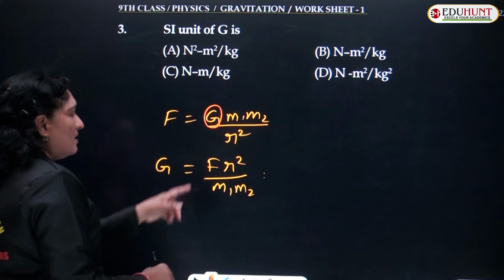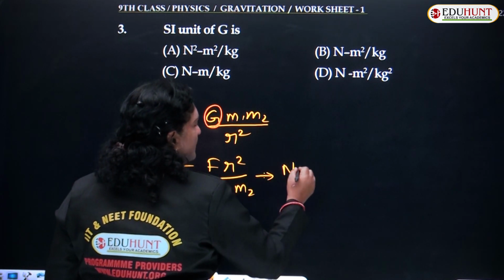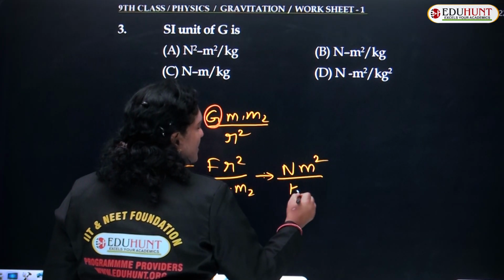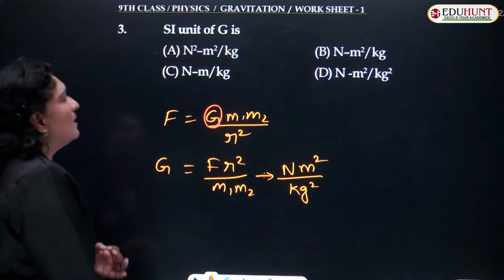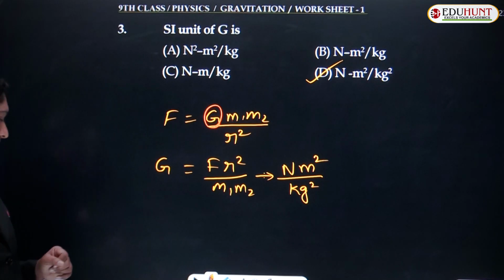In the SI system, force is measured in Newton, distance in meter, so meter square upon kg into kg, which is kg square. So the unit is Newton meter square per kg square. So, option D must be true.